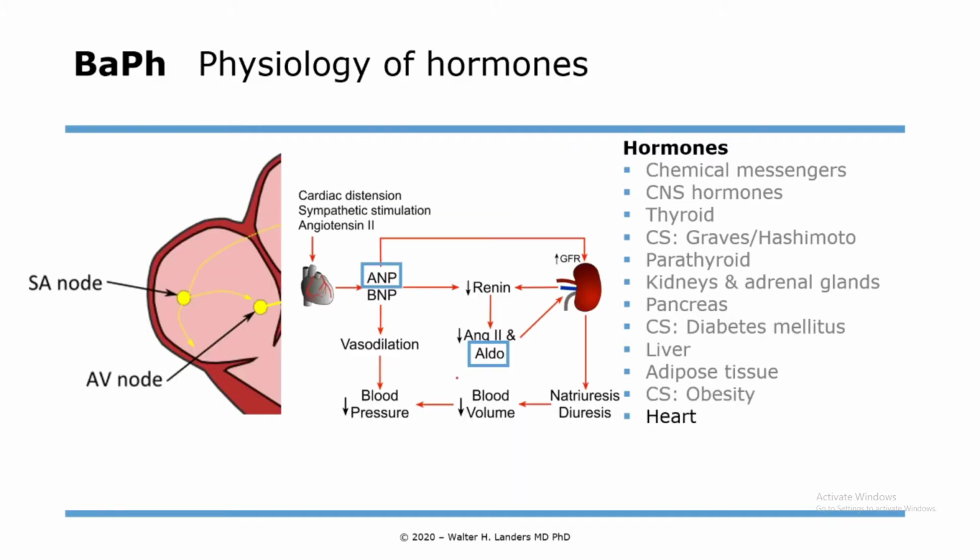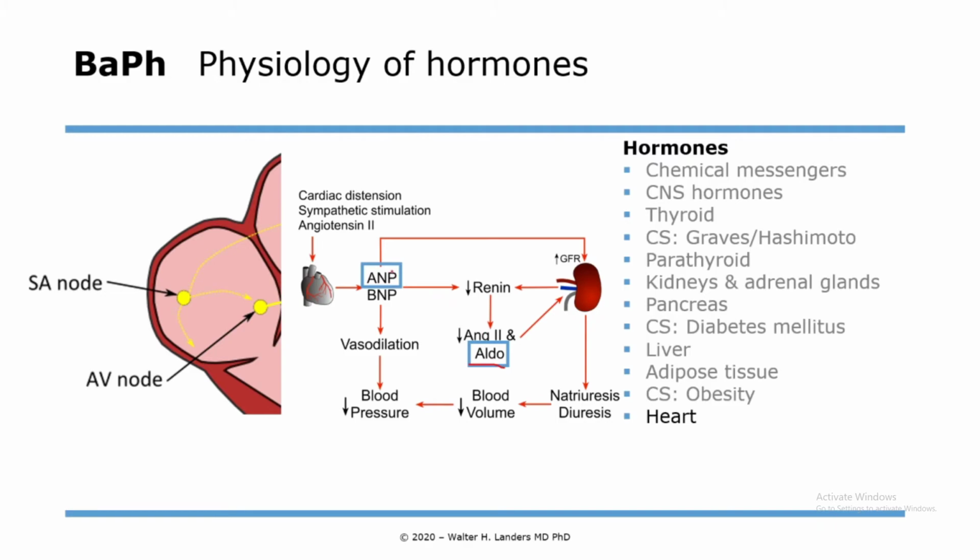And then lastly, we have the heart. You guys remember that I talked about the RAS system, right? The second A in RAS stood for aldosterone over here. Now what's so special about aldosterone?